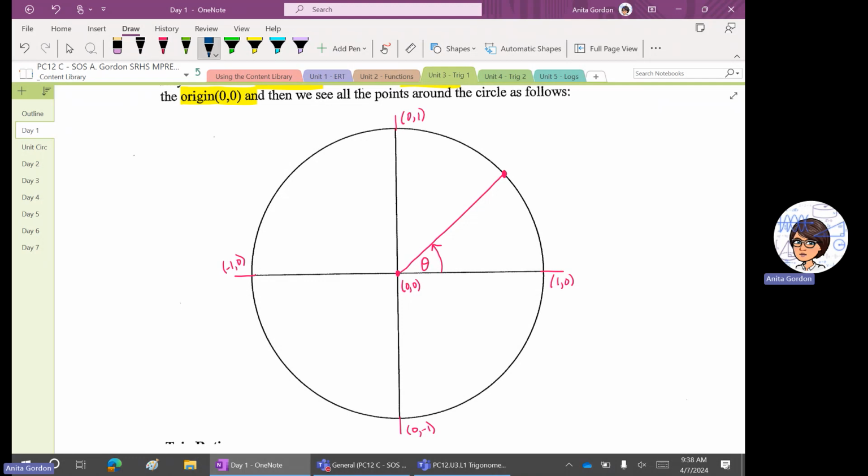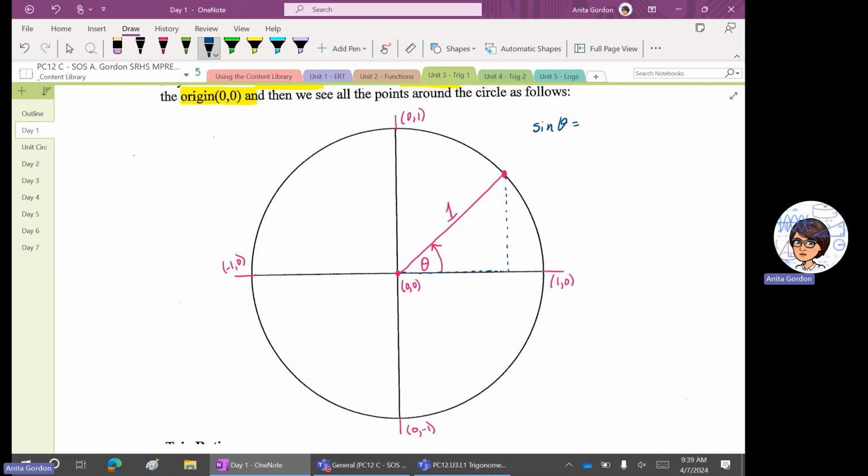When looking at the length of the legs of the triangle, so the shorter sides, we are going to use ratios to identify what those are. So the length of our radius is 1. When we are identifying the height and length of this triangle, the height is identified as sine of the angle.